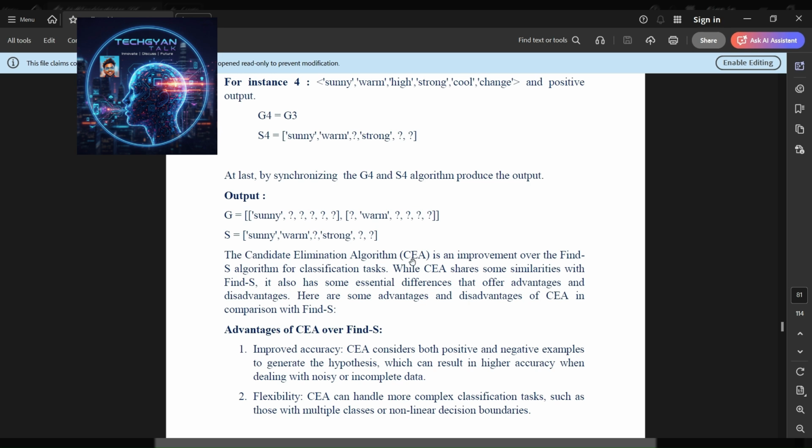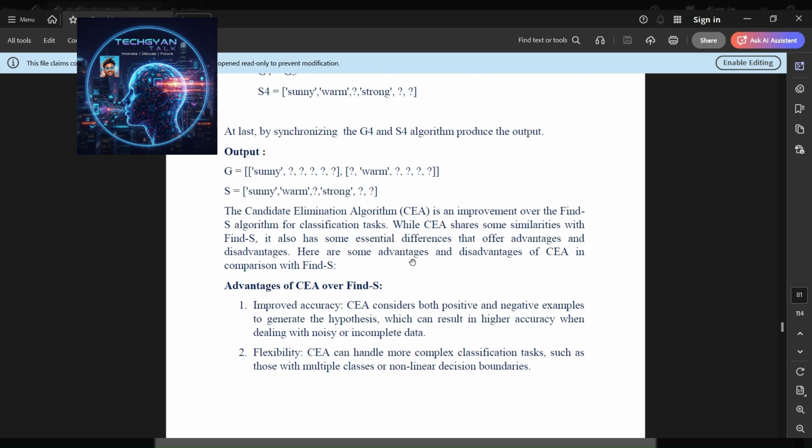The candidate elimination algorithm is an important improvement over the Find-S algorithm for classification tasks. While CEA shares some similarities with Find-S, it also has some essential differences that bring advantages and disadvantages.